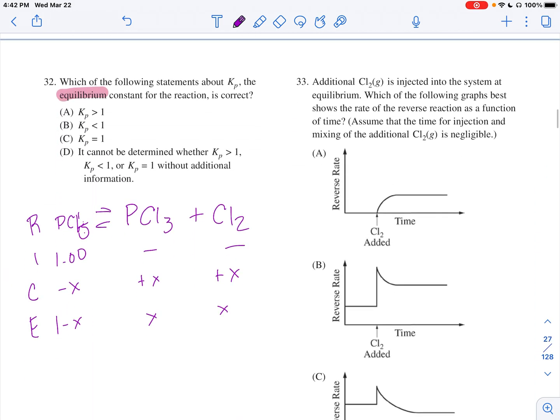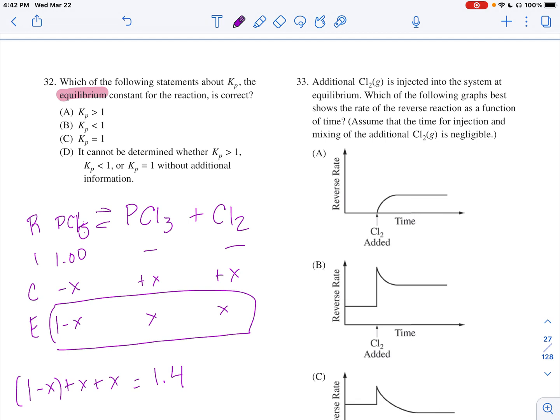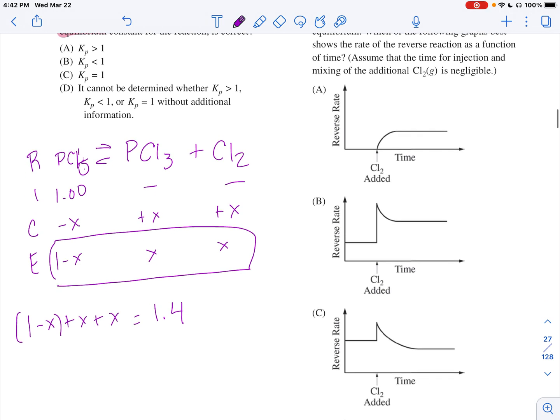So we can take all of these equilibrium pressures, add them together, and you can do this in parentheses if it helps you see where they came from. I'm doing all of the equilibrium pressures, so PCl5, PCl3, Cl2, and equaling that to this total. When you solve that, you get 0.4.